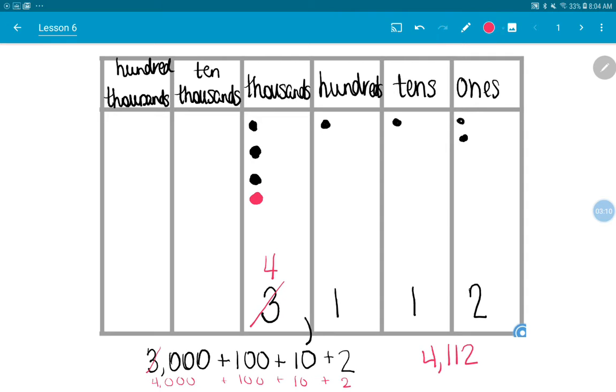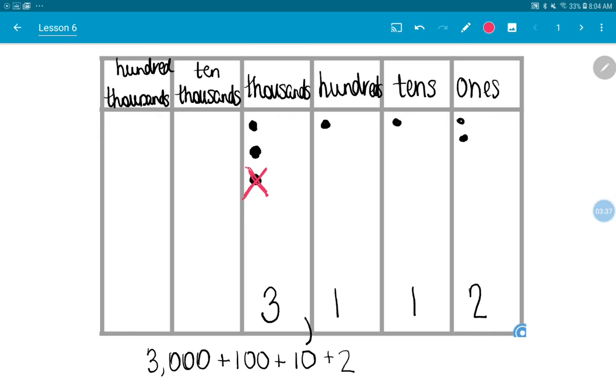I'm going to go back to my original number before I added 1,000. We're back to our original 3,112. This time what's going to happen if I take away 1,000? I'm going to take away one of my thousands.